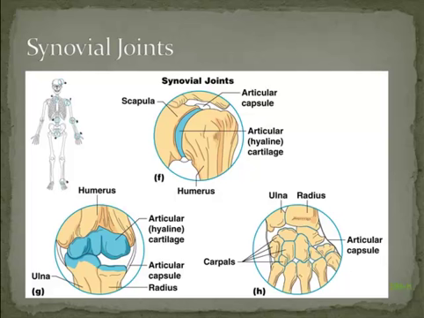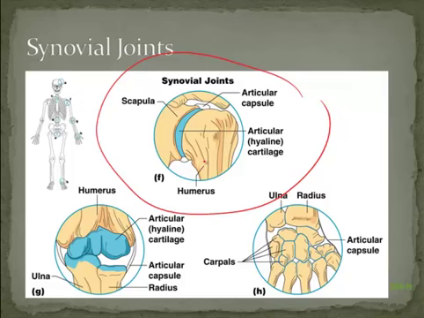Some places we find synovial joints are where our limbs come together. So in this picture here, we have our humerus, which is our arm bone, articulating with the scapula. And in here, we have this synovial joint. The blue here is representing the joint. This joint is characterized by articular cartilage.